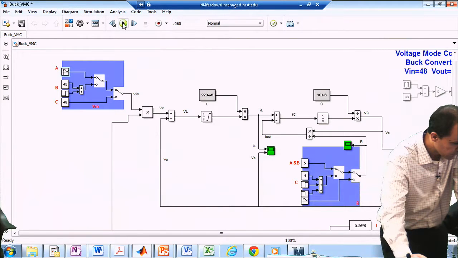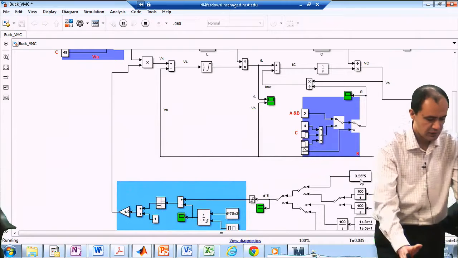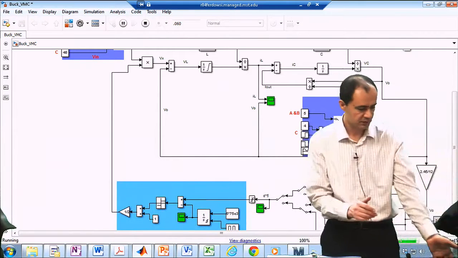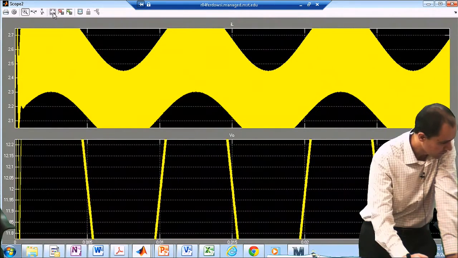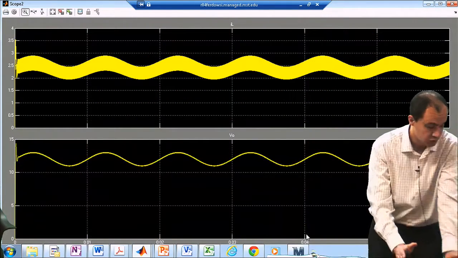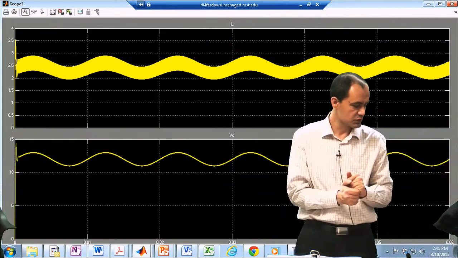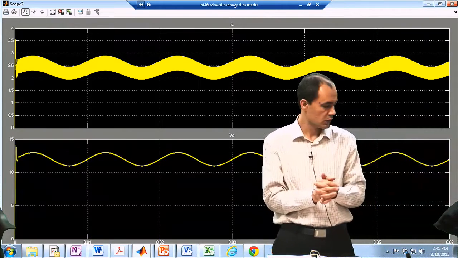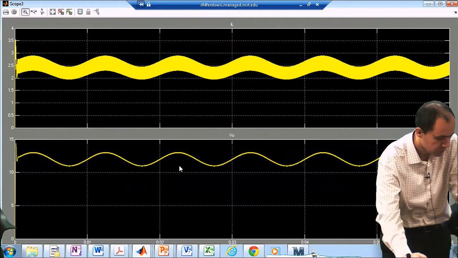Since the loop is open and you're feeding the system with a constant duty cycle of 25%, you would expect the output voltage to also fluctuate. And this is how it is. Your output voltage on average is 12, but the ripple is 4 times the duty cycle, which is 0.25, so you have a 1 volt peak to peak ripple over here.